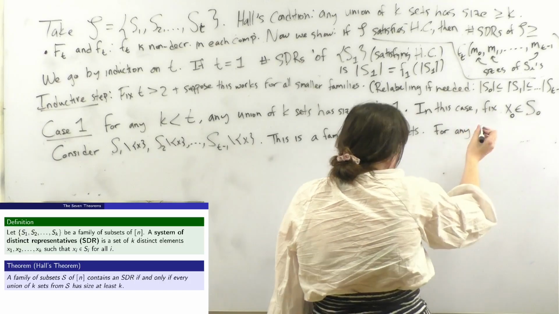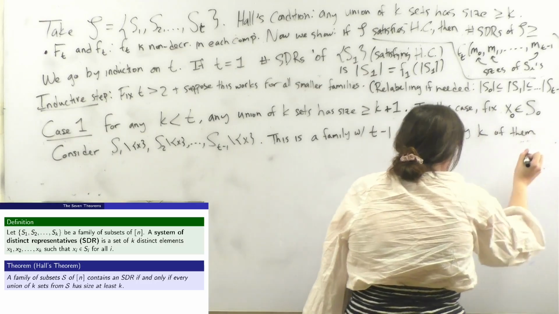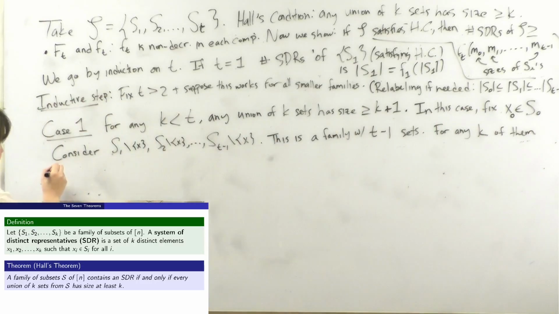for any k of them, the union size I'm going to get, okay, before I took X out from everything, I always got a union size of at least k plus 1. So now I've removed one element from each set, but I removed the same element from each set.